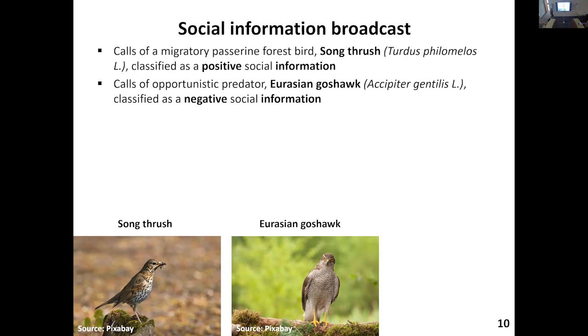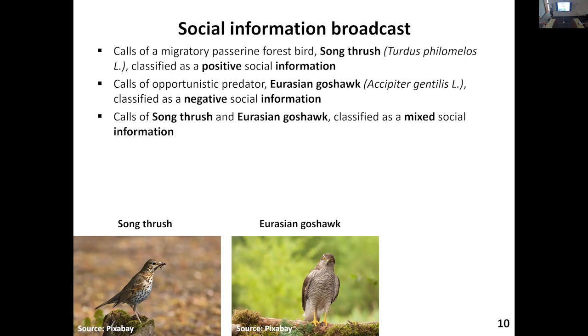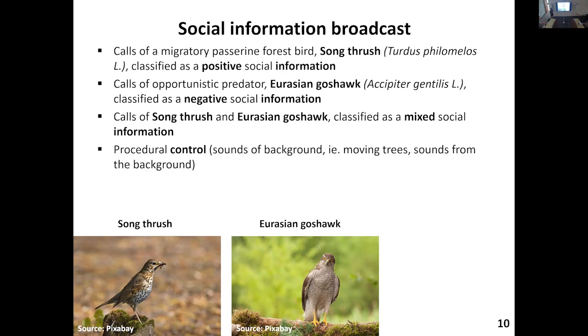We also had another category, mixed social information, which was the same playback with intertwined calls of song thrush and Eurasian goshawk. We had another type of playback, sounds from the background, like the wind, moving trees, and so on. And the last group was a control with no playback whatsoever played within those patches.